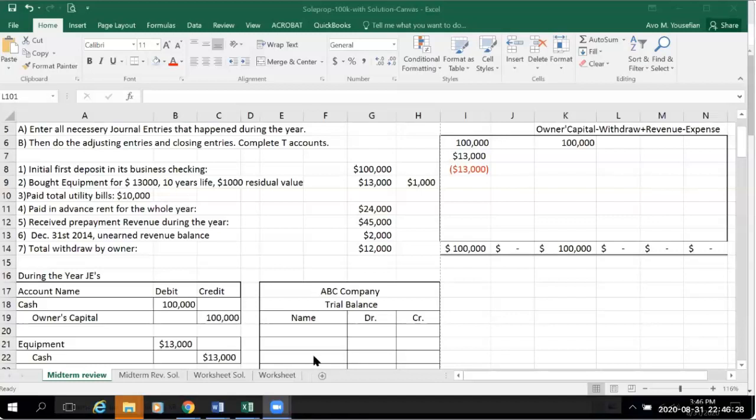And here the question says, what happened to capital? Why does capital stay 100? Capital stays 100 because that's your initial investment into the business. You don't pay for equipment with your capital.